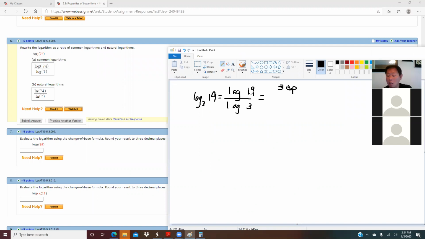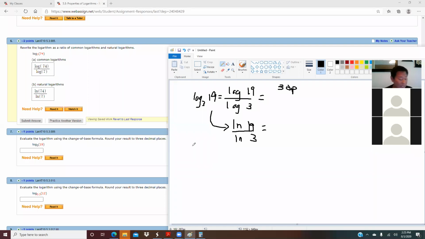Okay, so you have log 19 and log 3. Write your answer in 3 decimal places. If you do not want to use log, you can also use ln 19, the natural log, over ln 3. No matter what you do, ln or log, you will still get the same answer.